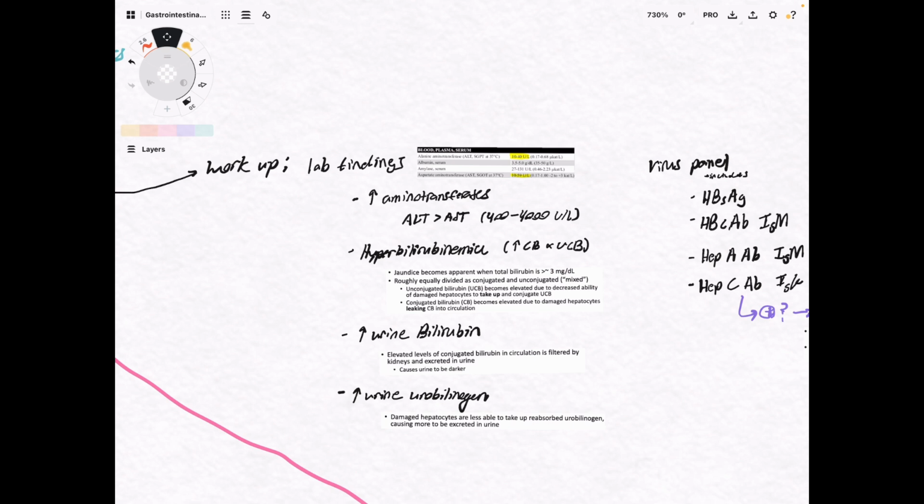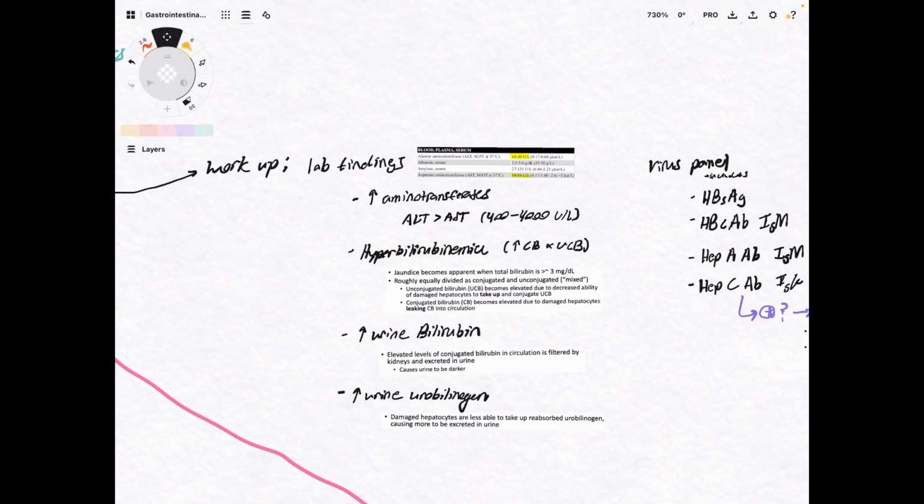So you have an increase in unconjugated bilirubin in circulation. Why you have an increase in conjugated bilirubin in circulation is because those hepatocytes also leak the bilirubin into the sinusoids, right? So they're not functioning correctly. The bilirubin that they can conjugate, they tend to leak. So that's why you have an increase in both.